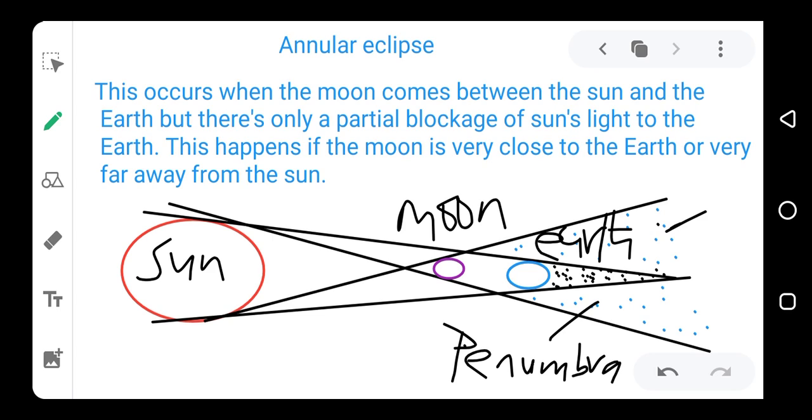Penumbra is part of the earth that is still getting small light when there is an annular eclipse, while umbra is part of the earth that is totally blocked from getting sunlight. So this place that is shaded with black is called umbra.